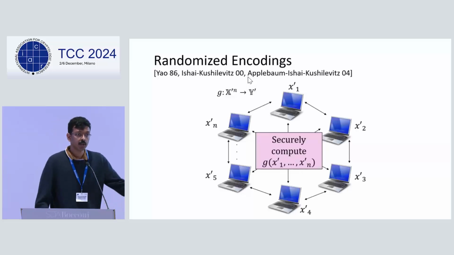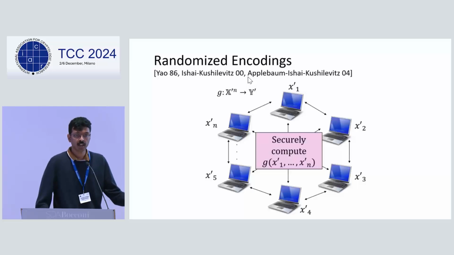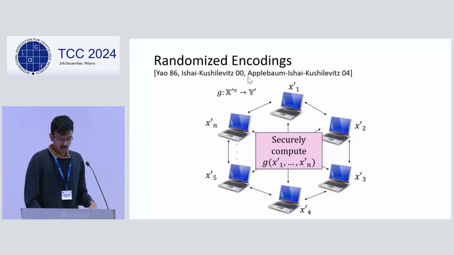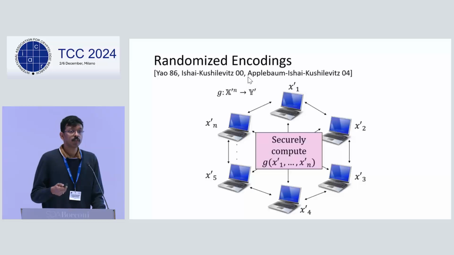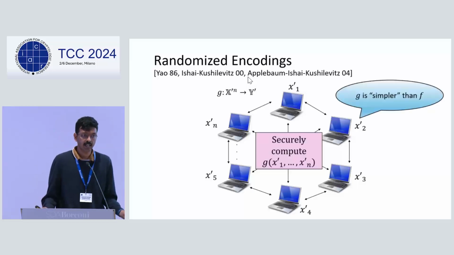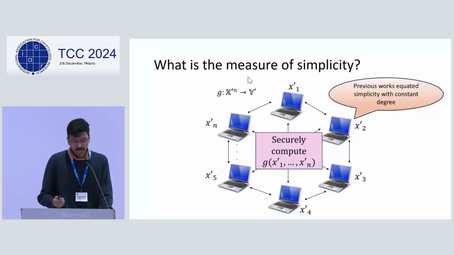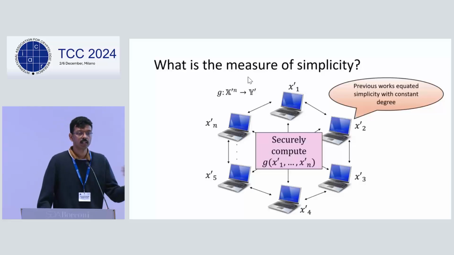Then they securely compute g on their pre-processed inputs, and run the output of g through a decoder to learn the output of f on their original inputs. So this is the idea of using randomized encodings. And in order for this reduction to make sense, we want g to be somewhat simpler than f. And prior works considered simplicity with functions having constant degree.